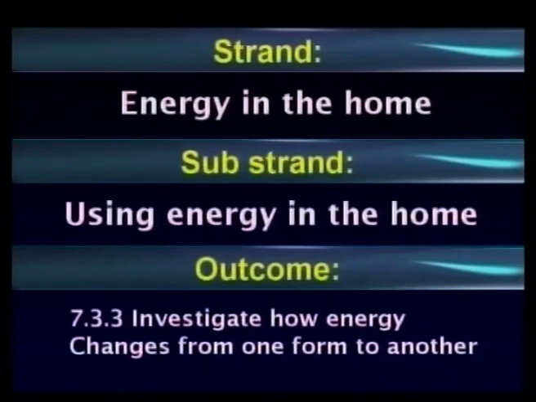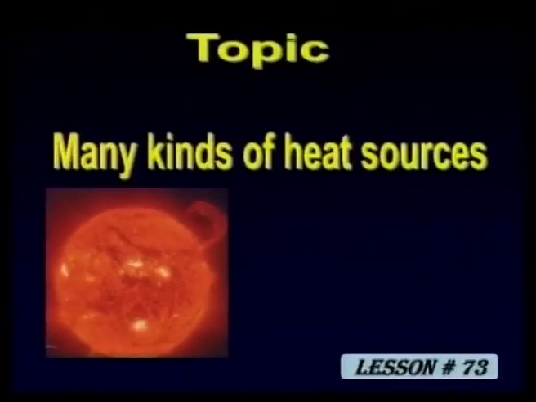Teachers, we are still on the same strand, energy in the home, same substrand, using energy in the home. The outcome 7.3.3: investigate how energy changes from one form to another. Our topic for today is many kinds of heat sources.